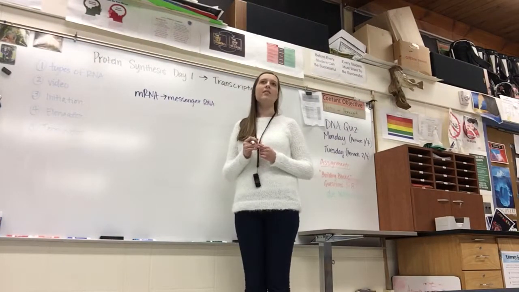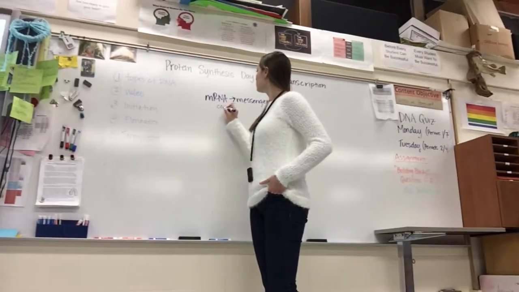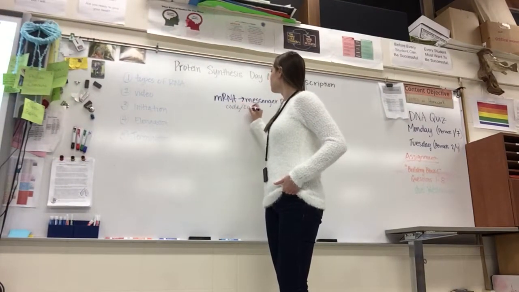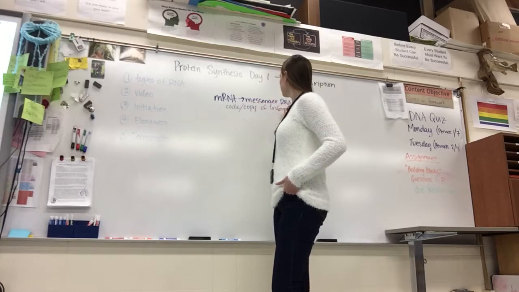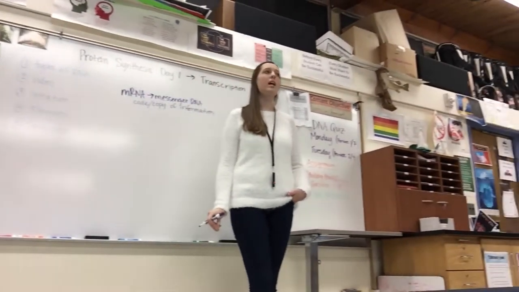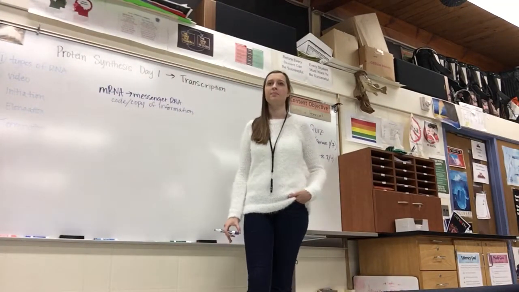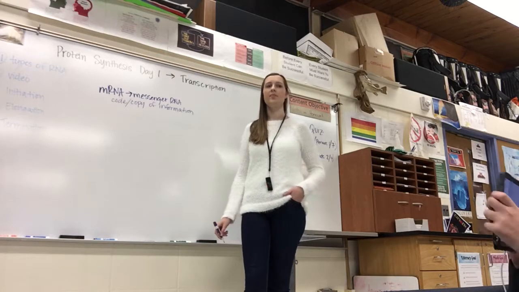This is going to act kind of like a little code of the information from DNA that we're going to need. It is a code or a copy of the information.